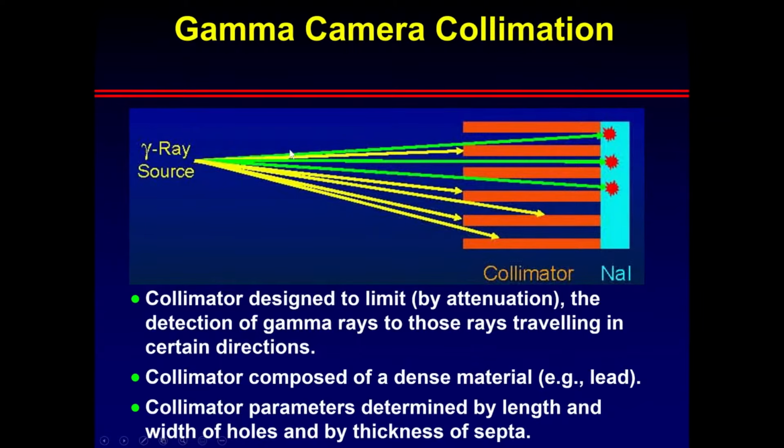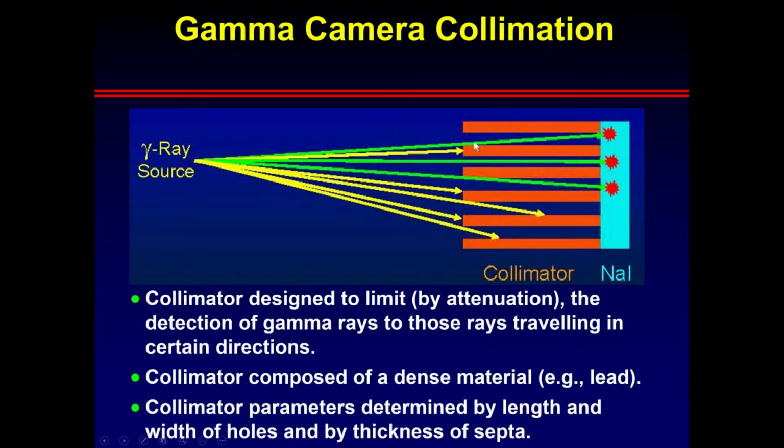And remember that these X-rays or these photons are emitted in all different directions, like you would with sunlight. It's scattered from a point and goes out in all directions. Well, we're interested in collecting those which are parallel to the collimator and are directly coming off the patient.